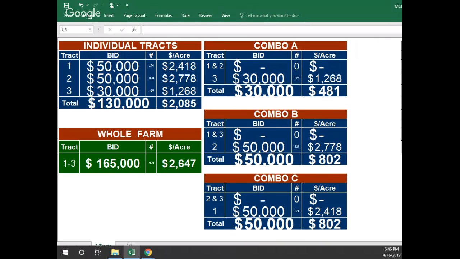Yes. Track 3 goes 50,000. Raise on track 3 to 50,000. That's bidder 325. Looking for some help, guys.